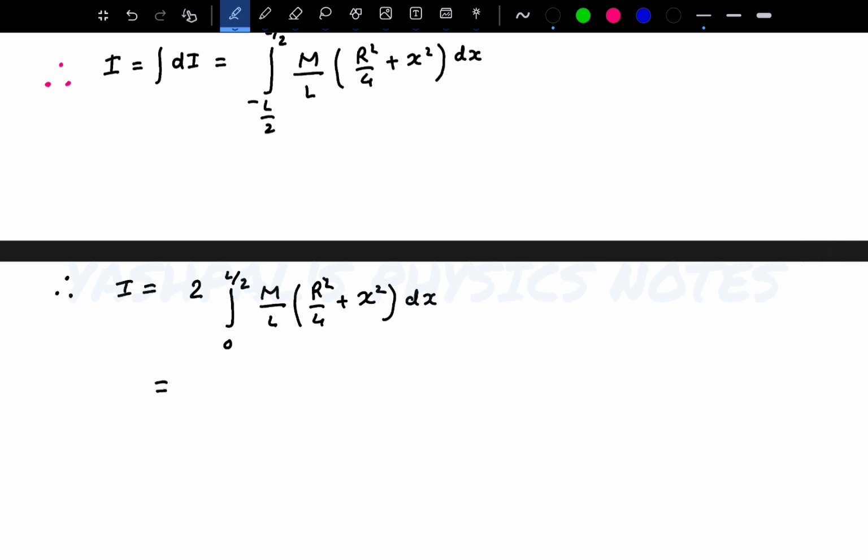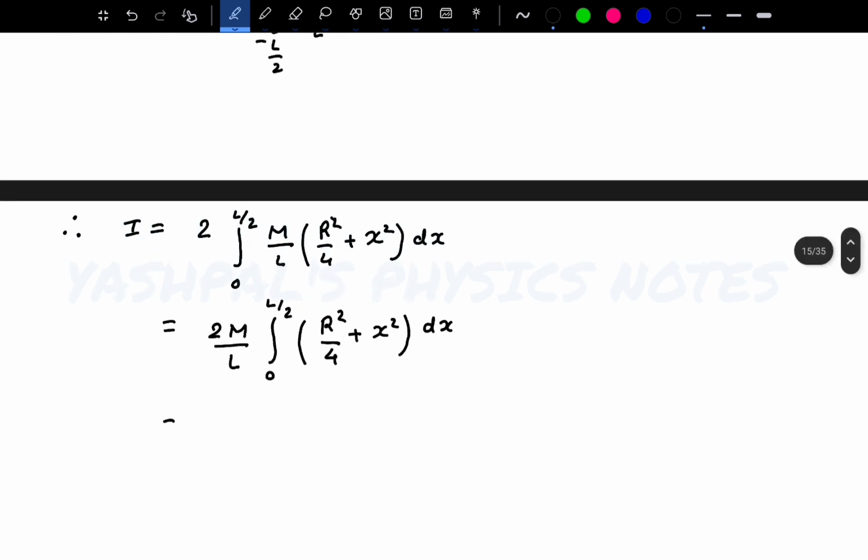So here I am writing twice M by L, integration limit 0 to L by 2, capital R square by 4 plus x square into dx.